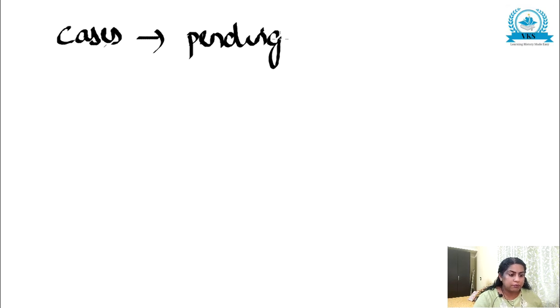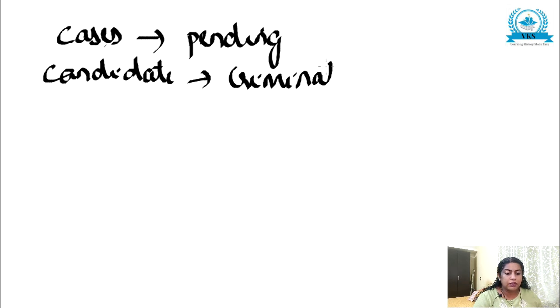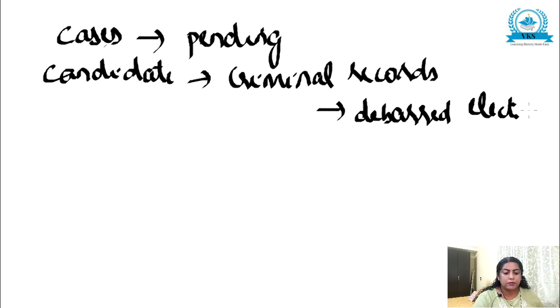And the Supreme Court also made it clear that any candidate having criminal records will be debarred from contesting the election. So they cannot participate in election. This was what was said by the Supreme Court regarding submission of criminal antecedents of the candidate.